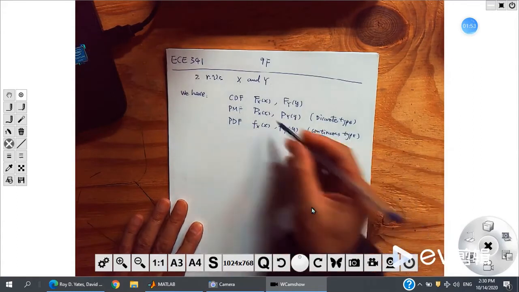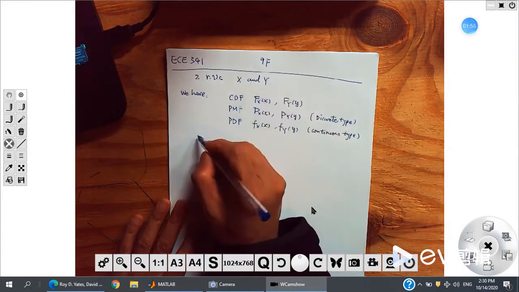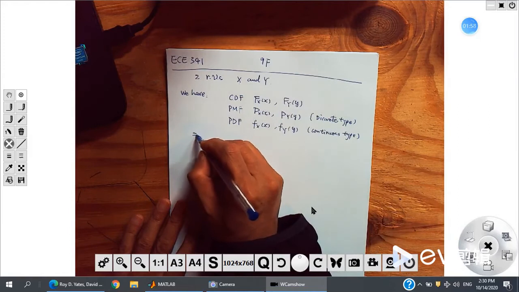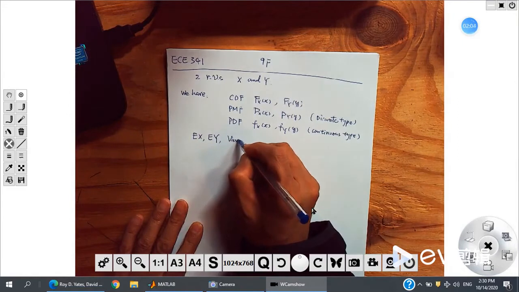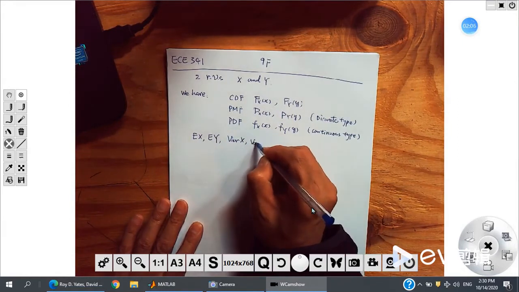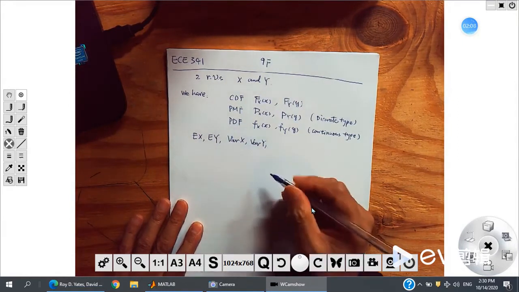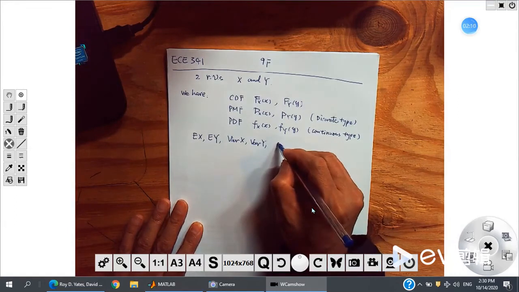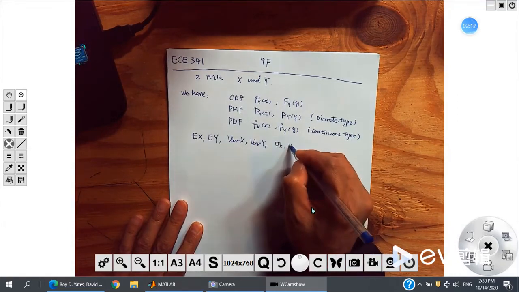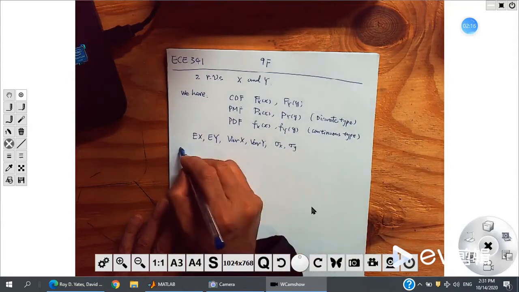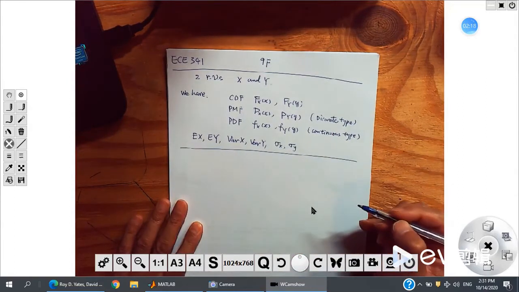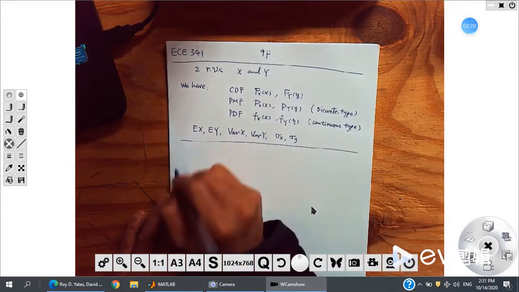Of course, for each one we have values like the expectation, the mean of X and Y, the variance of X and the variance of Y, and we also have the standard deviation sigma_X, sigma_Y, which are the square root of variance, right? We have this, and we have some joint things.